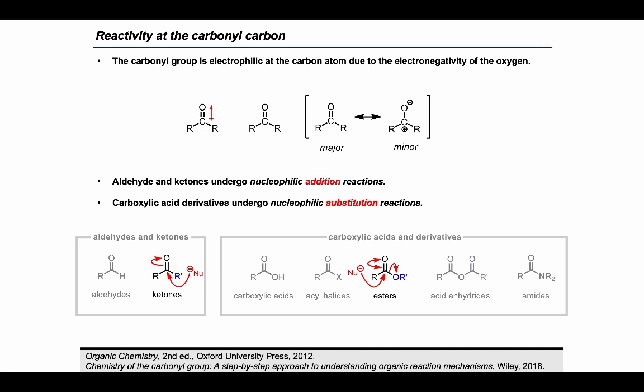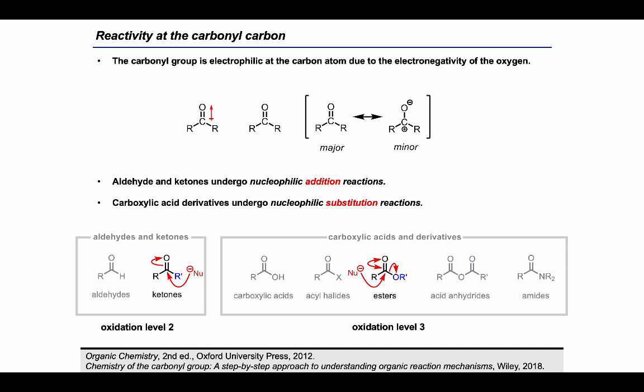We can also distinguish these two groups based on the oxidation level of the carbonyl carbon in each. With the double bond to oxygen, both aldehydes and ketones sit at oxidation level 2. The additional bond to a heteroatom in carboxylic acid derivatives means they are at oxidation level 3. For comparison, alcohols are at oxidation level 1.